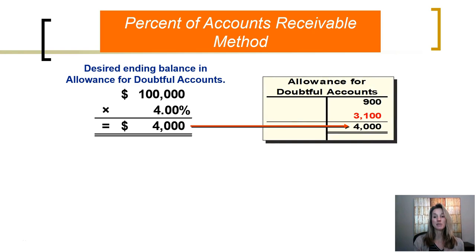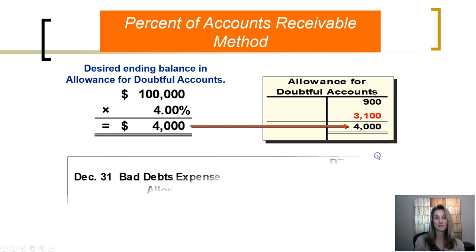The second step is going to be to compare the needed balance to the current unadjusted balance. Currently there's a $900 unadjusted balance. The difference between a current credit balance of $900 and a desired credit balance of $4,000 is $3,100.